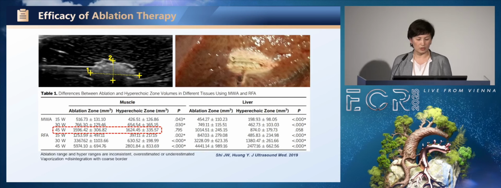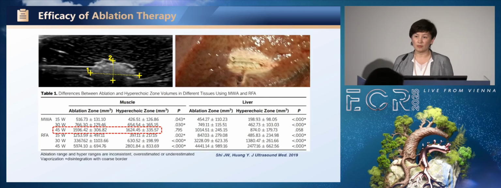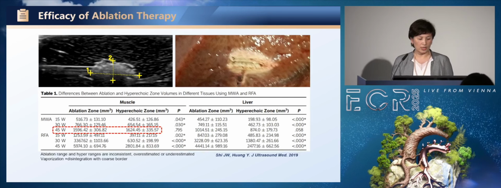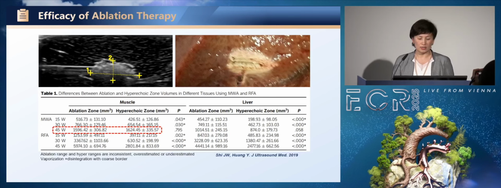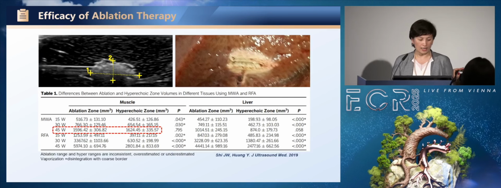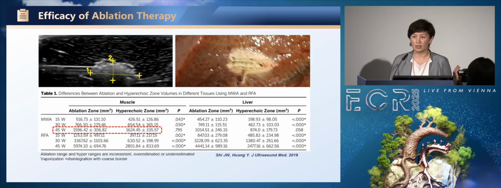This picture we published in URM, and we found that using different muscle and liver, different methods, microwave or radio frequency, and different power and time, the ablation range and hyperechoic range are inconsistent, sometimes overestimated and sometimes underestimated. That's because the hyperechoic range includes the vaporization from water to gas and the disintegration of the tissue, so the border is not clear, it's coarse.